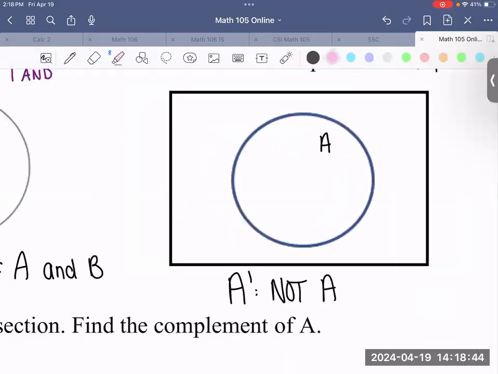Instead, we want everything on the outside of this region. So everything over here. Wow, I need to go back to first grade and learn how to color in between the lines. And everything here is considered not A.